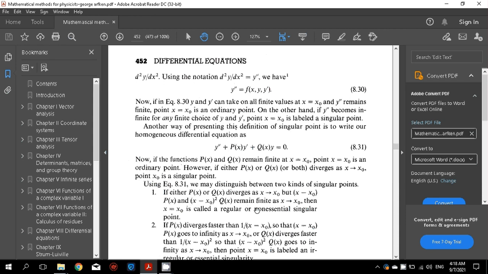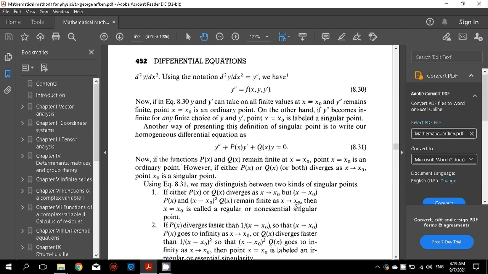So here we have described that if either P(x) or Q(x) diverges as x tends to x naught, but x minus x naught times P(x) and x minus x naught squared times Q(x) remain finite as x tends to x naught, then x equal to x naught is called a regular or non-essential singular point.